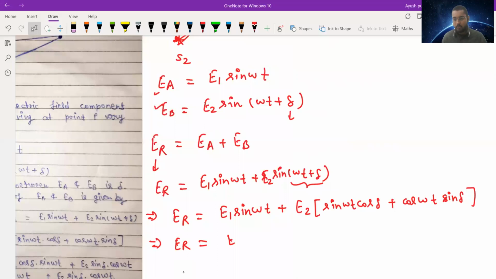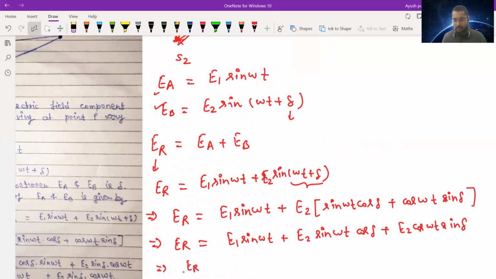So E1 sine omega t plus E2 sine omega t cos delta plus E2 cos omega t sine delta.